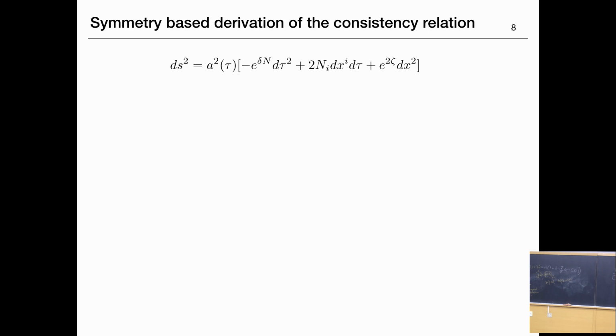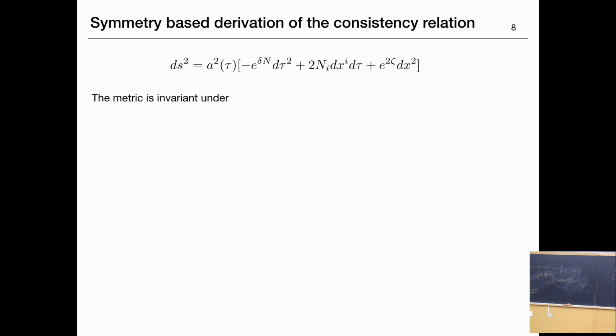This is the last ingredient that I need. This is another way to obtain Maldacena's consistency relation, based on the observation that the relation is obtained from the modulation of a short mode by a long mode. So first we start with the perturbed metric.